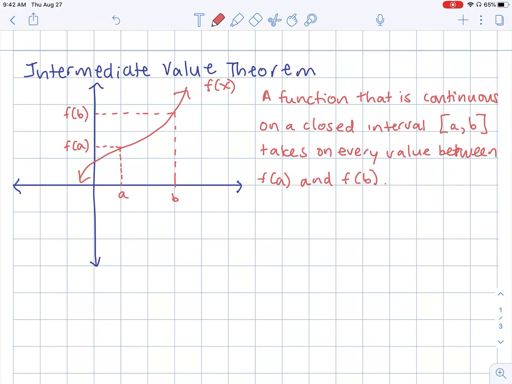So long as this function is increasing, what I can conclude is that the y values between f of a and f of b must exist at every single value between f of a and f of b, given that this function is continuous, which it is, and that's easy for us to see.